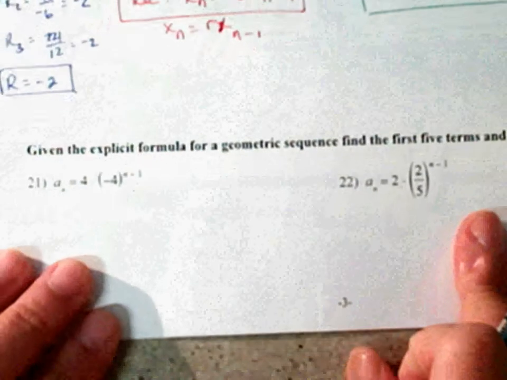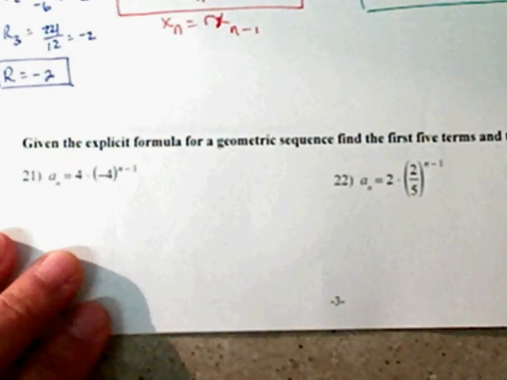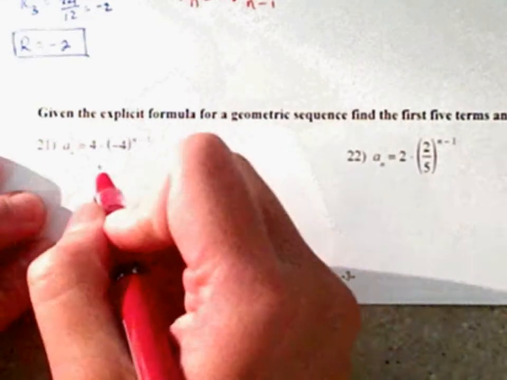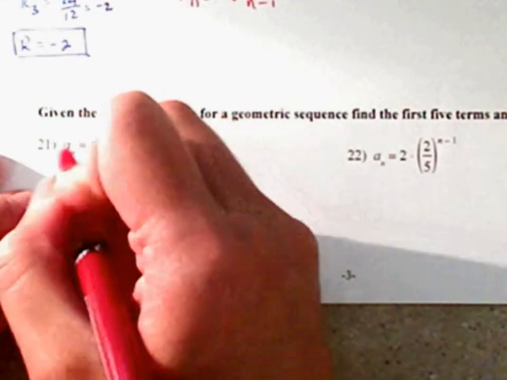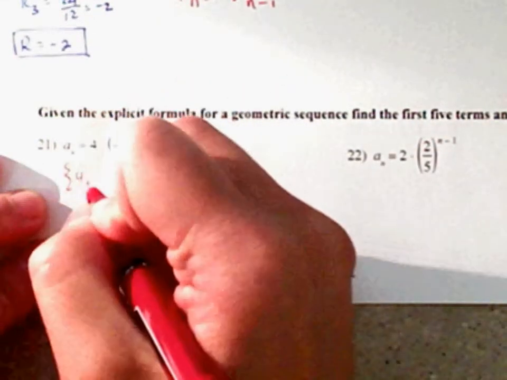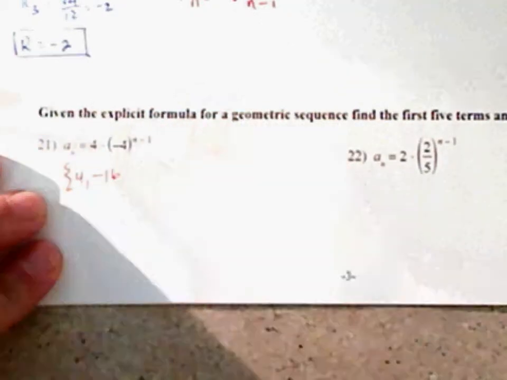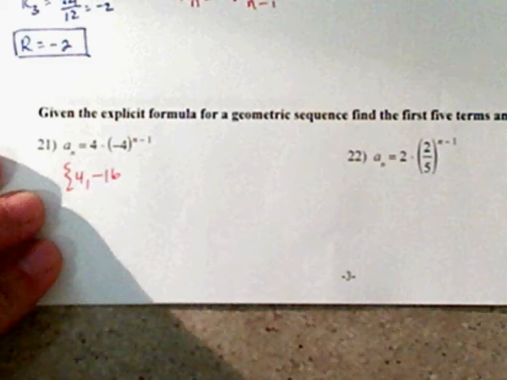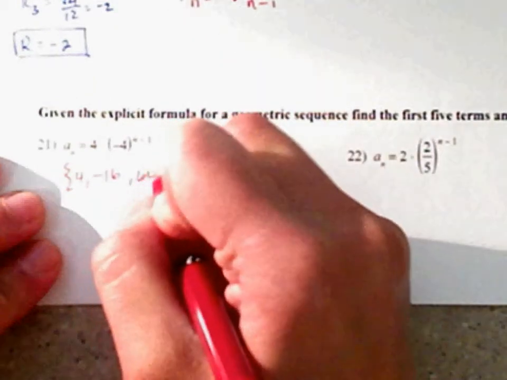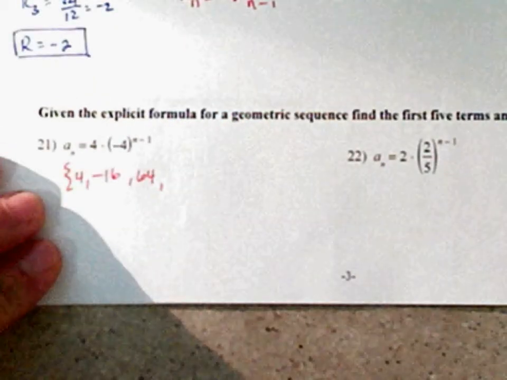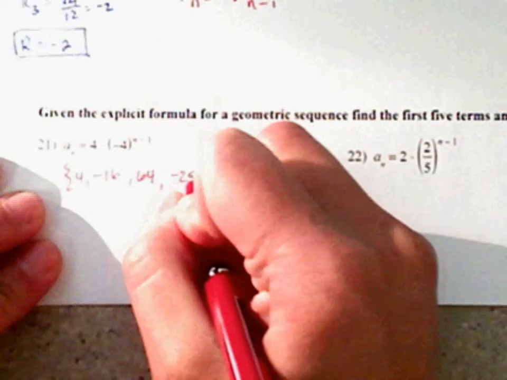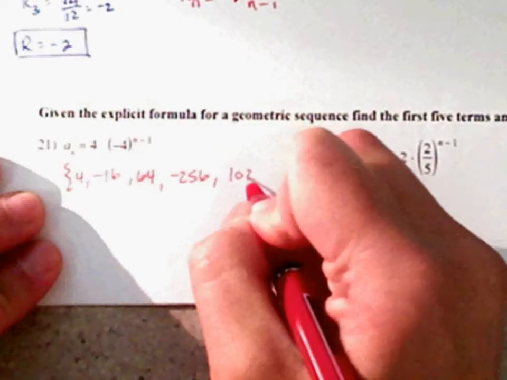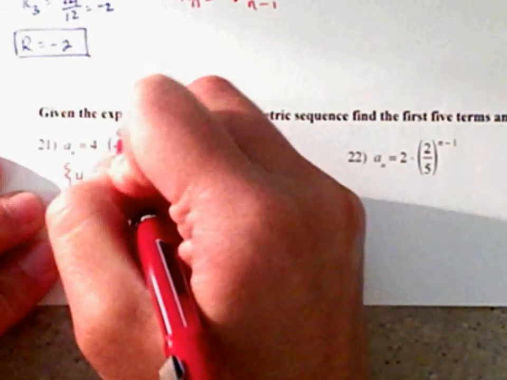Number 21. Given the explicit formula, find the first 5 terms and the 8th term. Alright, to find the first 5 terms, first one starts with a 4. And I'm going to multiply times negative 4, which is negative 16. Negative 16 times negative 4 is 64, times negative 4 is negative 256, times negative 4 is 1024.